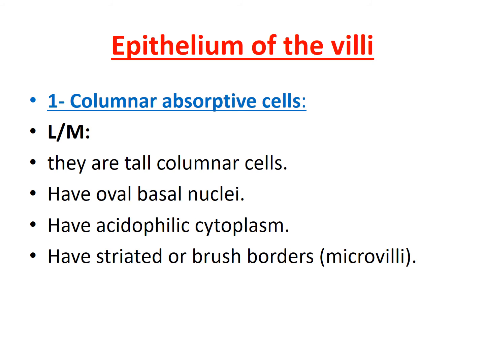When we see the columnar absorptive cell by light microscope, they are tall columnar cells. They have oval basal nuclei. They have acidophilic cytoplasm, and they have an apical striated or brush border due to the presence of abundant microvilli.